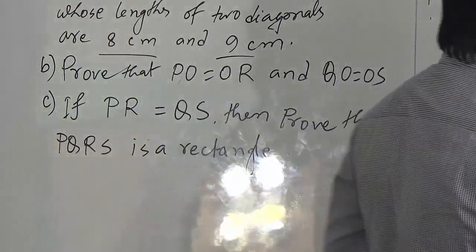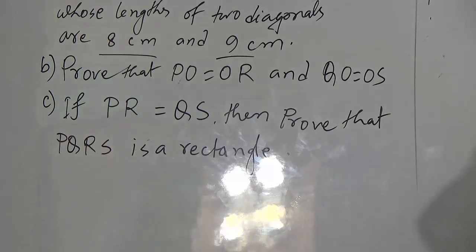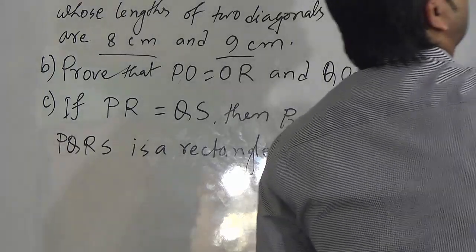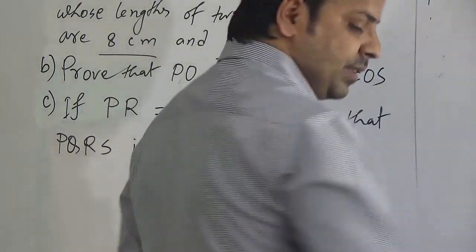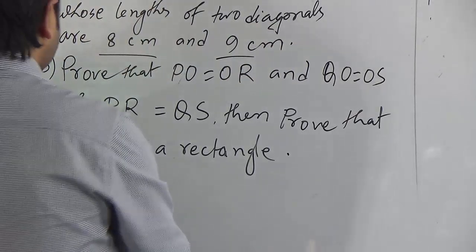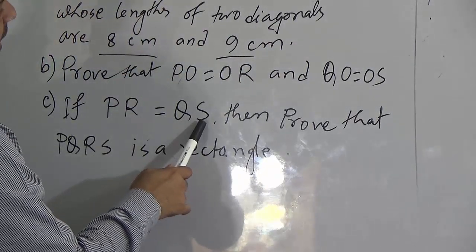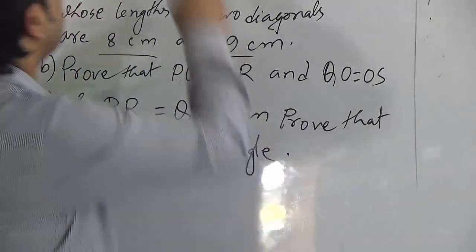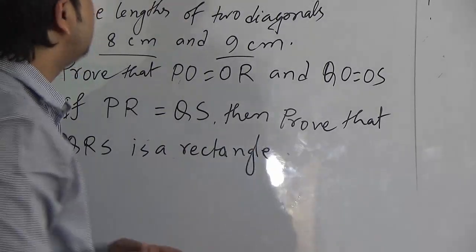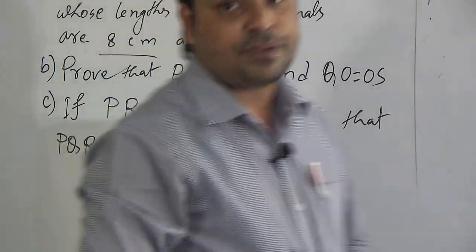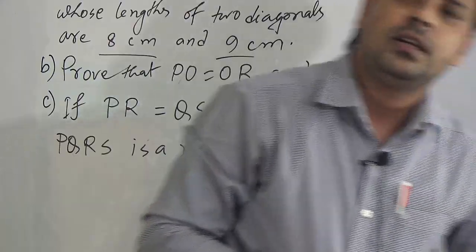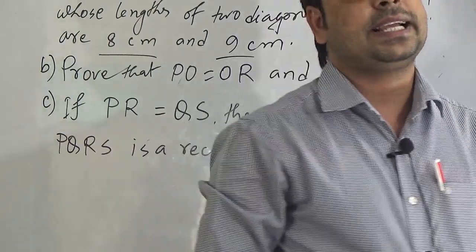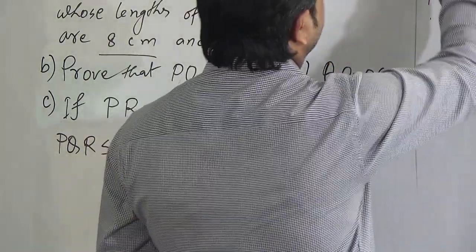It means that if the diagonals of a parallelogram are equal, then we need to prove that the parallelogram must be a rectangle. So we can prove C here.